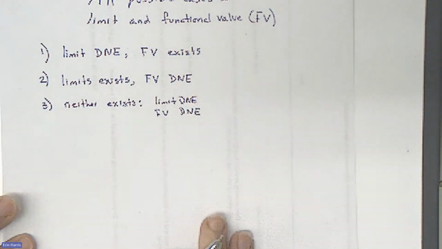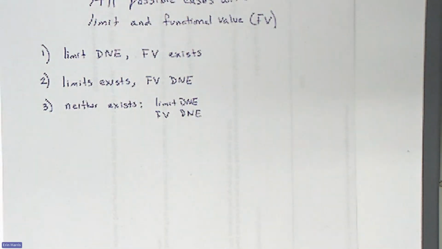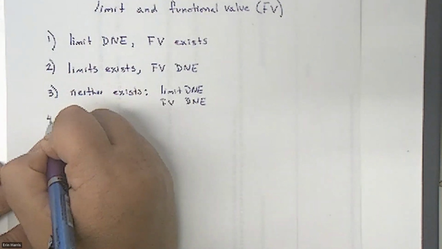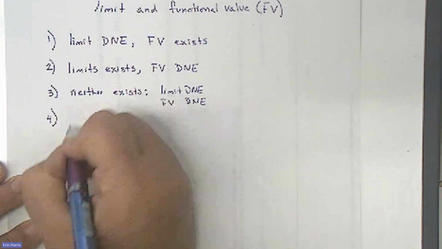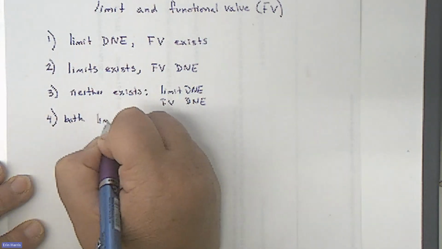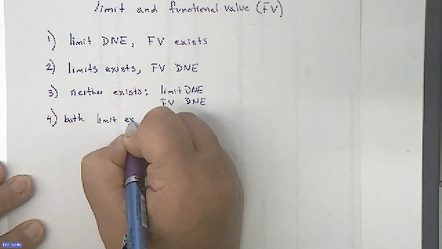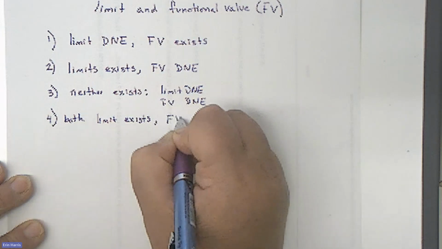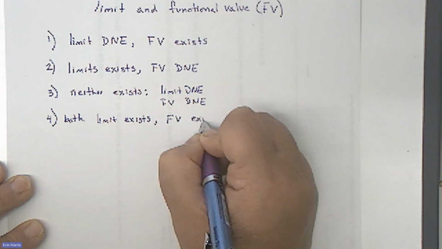So we could have a point where neither one exists. Or we could have both. Limit exists and the functional value exists.